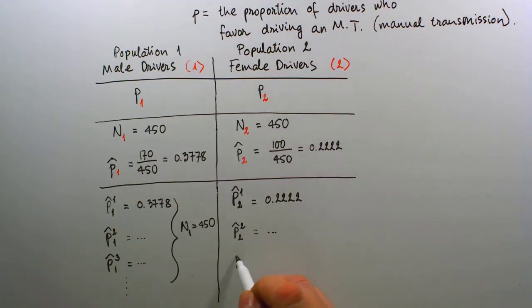But very possibly we can have a third sample from population 2. So p hat 2, third sample. And again, I didn't have a value, so I'll just leave it blank.